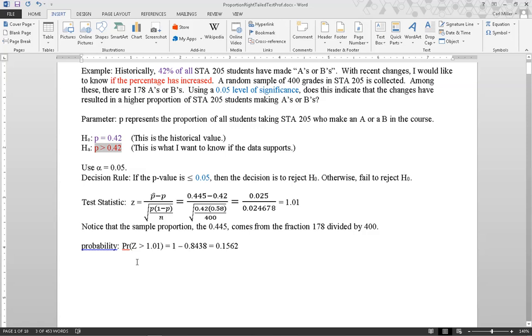So we want the probability a z-value is greater than 1.01. Remember, our table z gives us the area to the left of the number we look up. So when we look up 1.01, we get 0.8438, but that's the area to the left. We want the area to the right. So we do 1 minus that number and get that our probability is 0.1562.